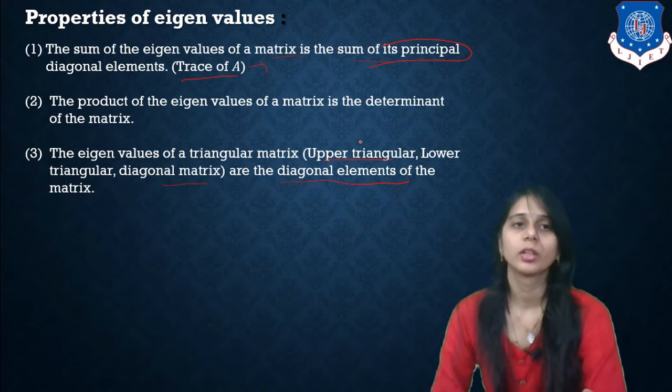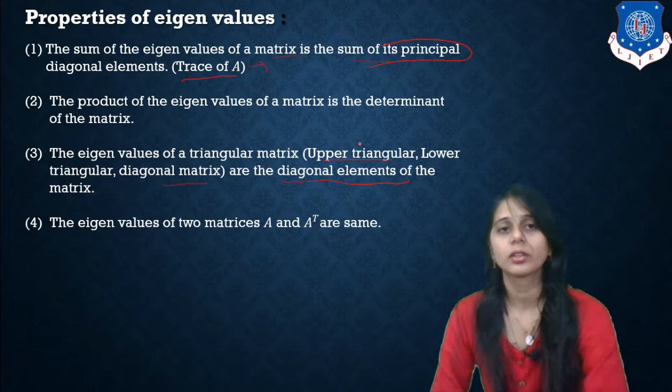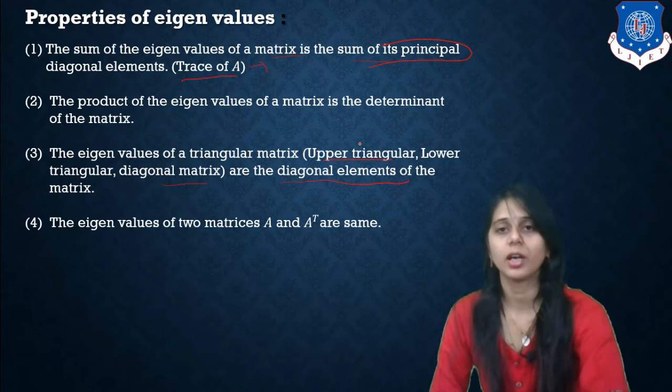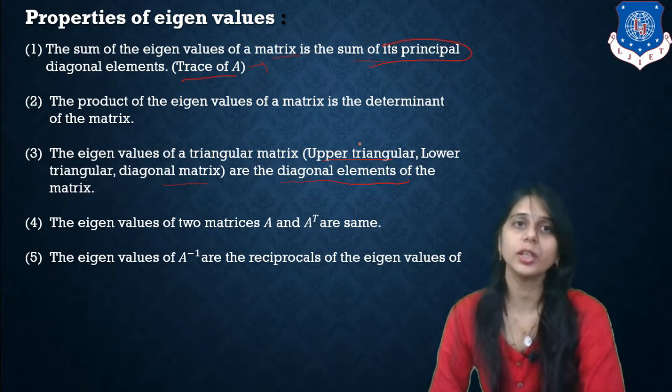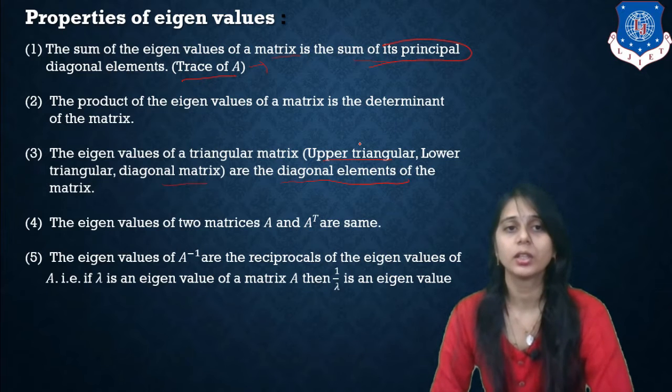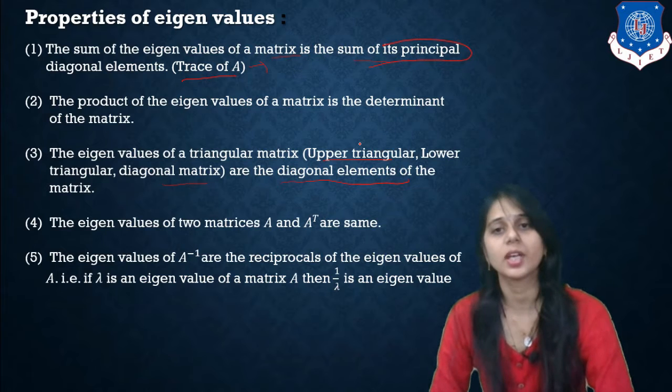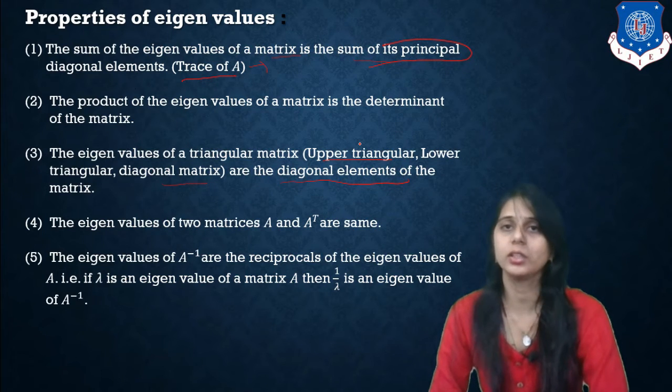The eigenvalues of the two matrices A and transpose of A are the same. The eigenvalues of A inverse are the reciprocals of the eigenvalues of A. That means if lambda is an eigenvalue of matrix A, then 1 upon lambda is an eigenvalue of matrix A inverse.